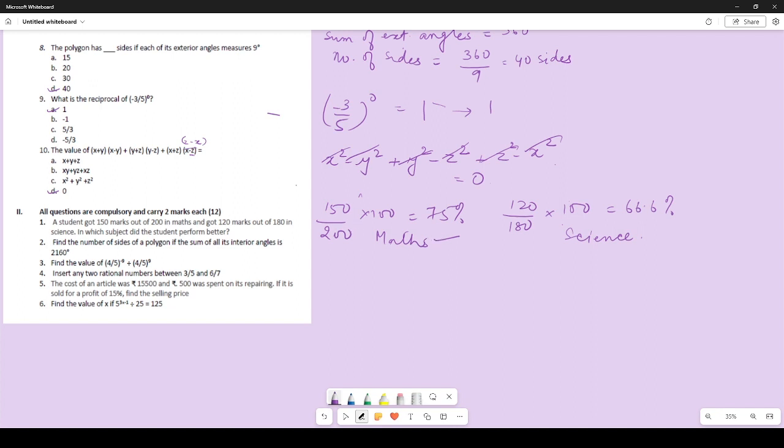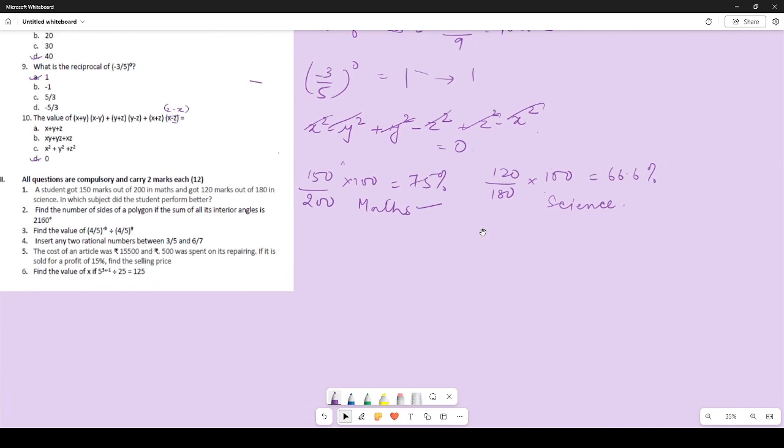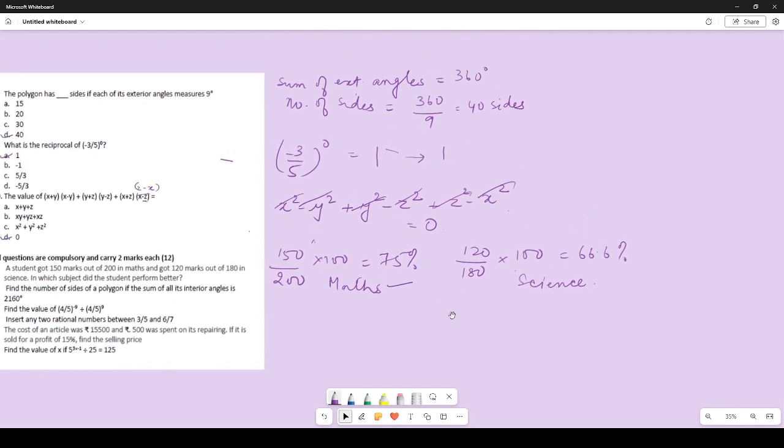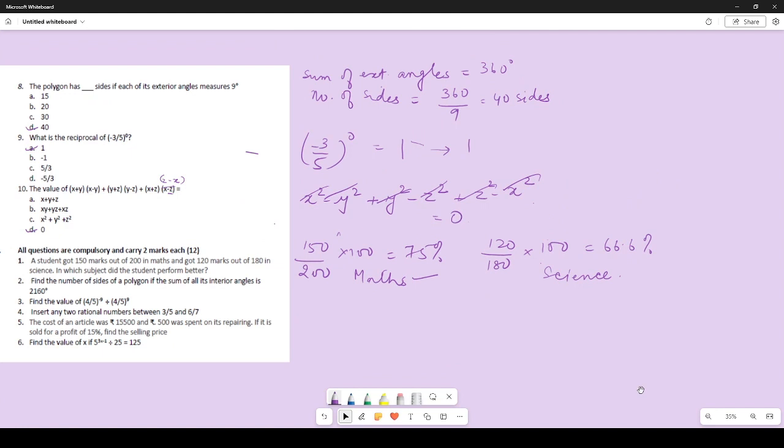Find the number of sides of a polygon if the sum of all its interior angles is 2160. So do you remember the formula over here? We use the formula that is 2n minus 4 into 90 is equal to the sum of interior angles. It is already given.